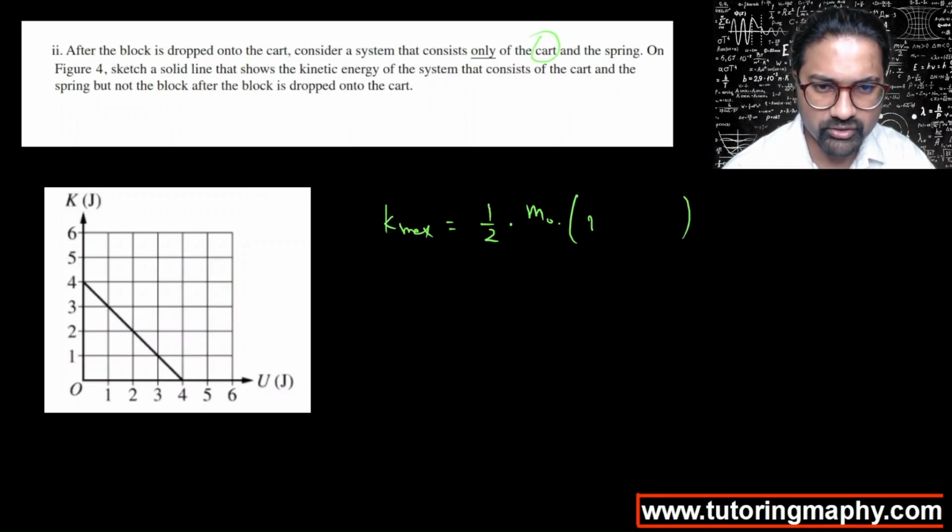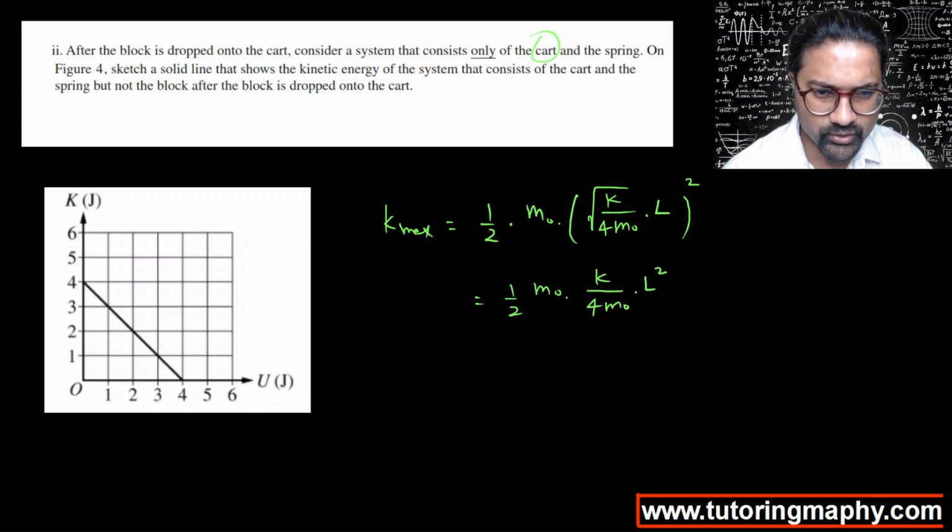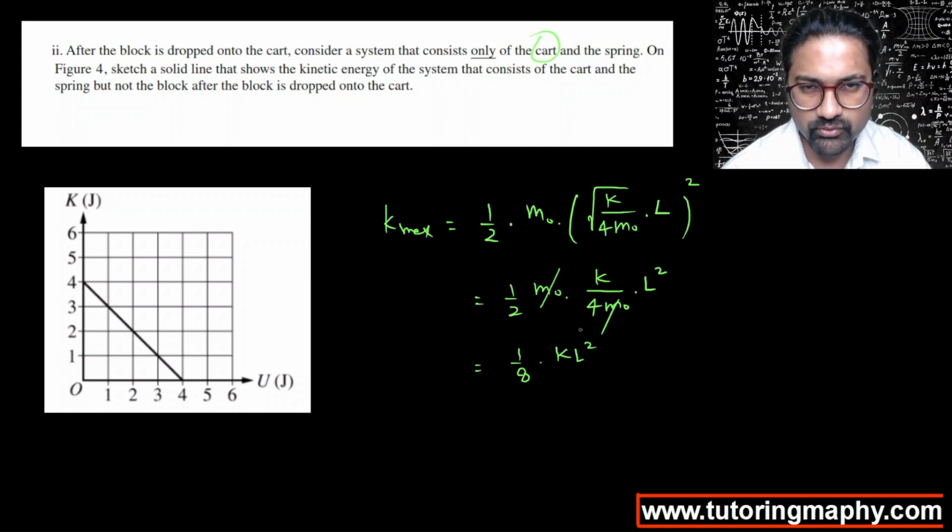So I'm going to write that over here, root of k over m naught times a, and a is L, right? Amplitude, and that's squared. So this is going to be equal to half m naught k over 4m naught L square. m naught and m naught are gone, so we are left with 1/8 of kL square. Actually, there is a better way to write this, to understand it intuitively.